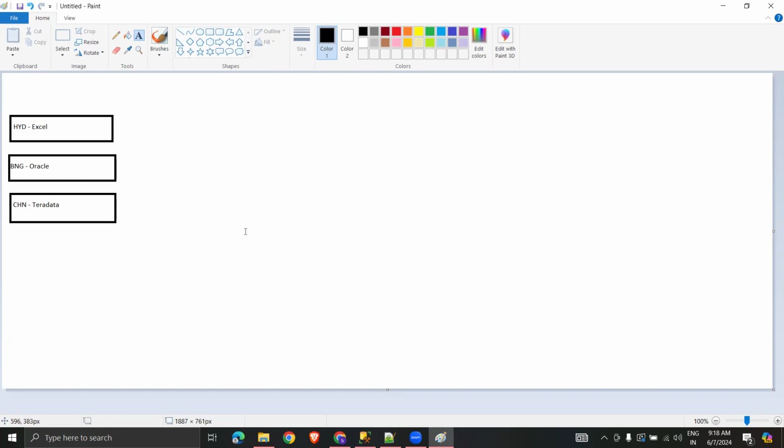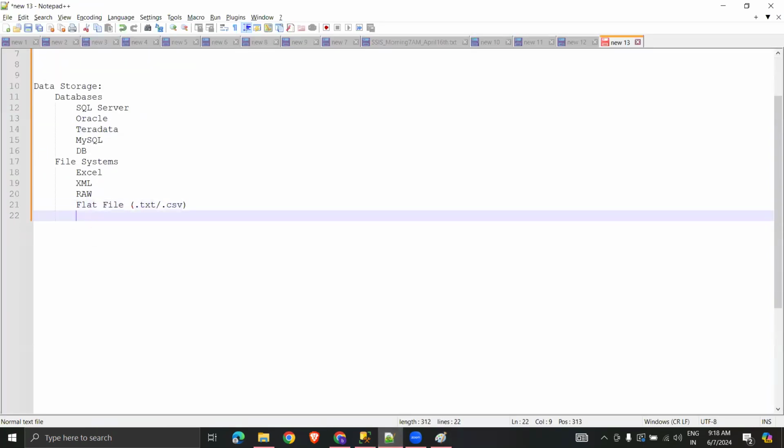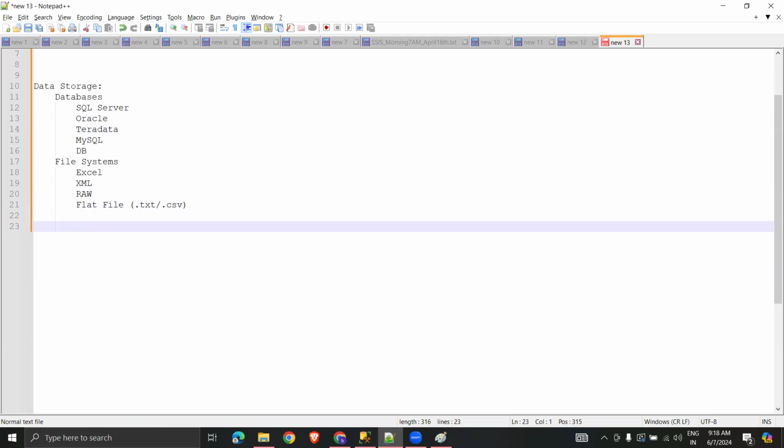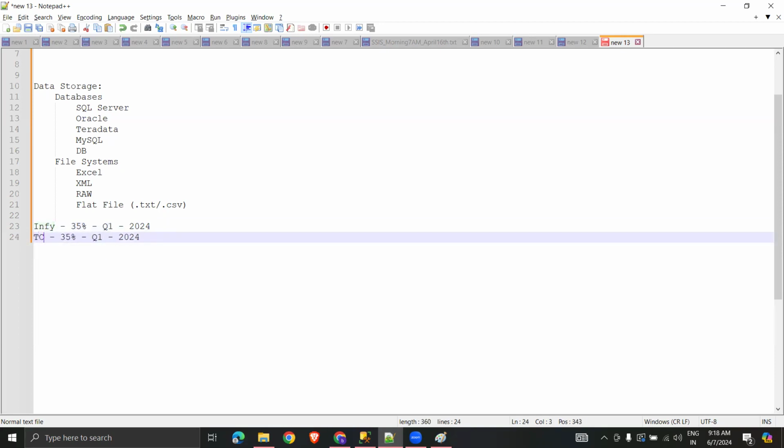Now, friends, we have successfully completed quarter one 2024. So, Infosys was able to generate 35% revenue for quarter one 2024, right? And TCS was able to generate 45% revenue under the supervision of Ratan Tata ji, right?